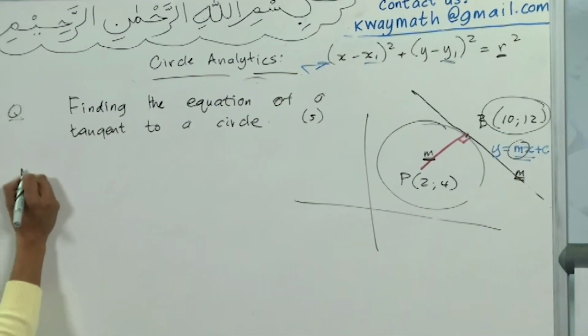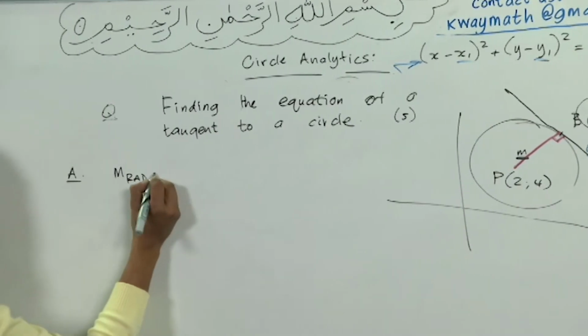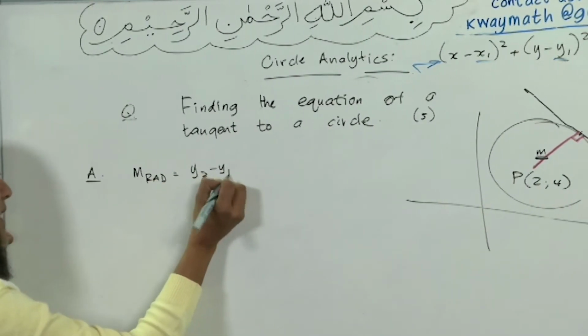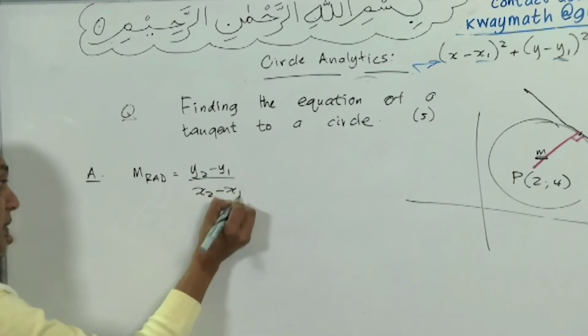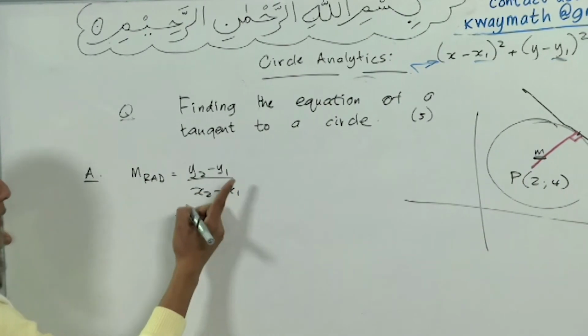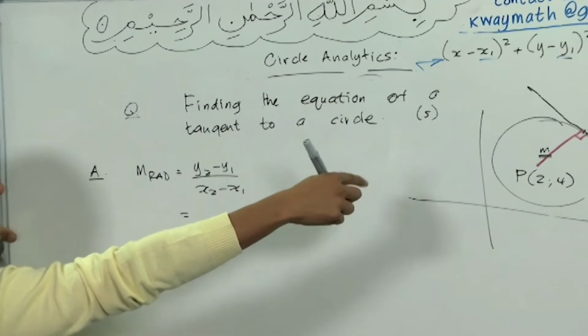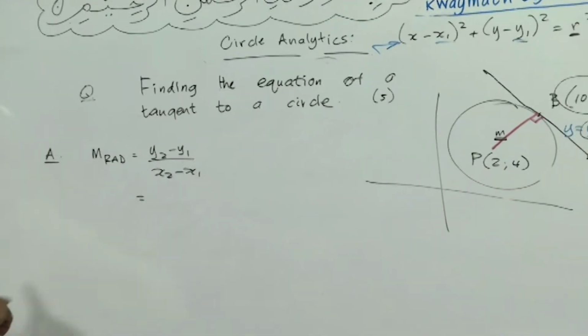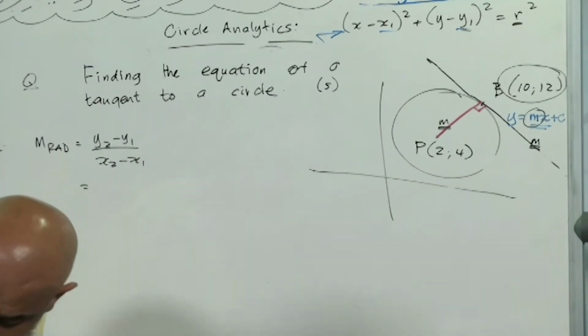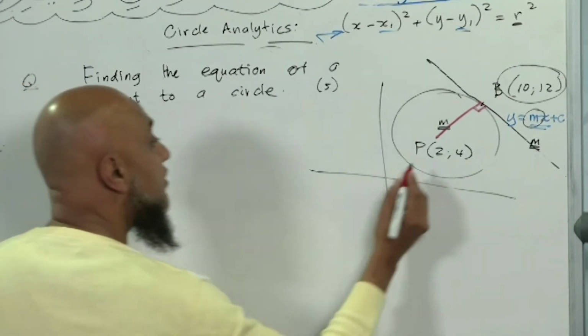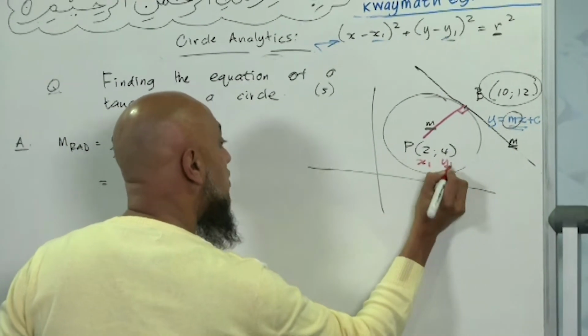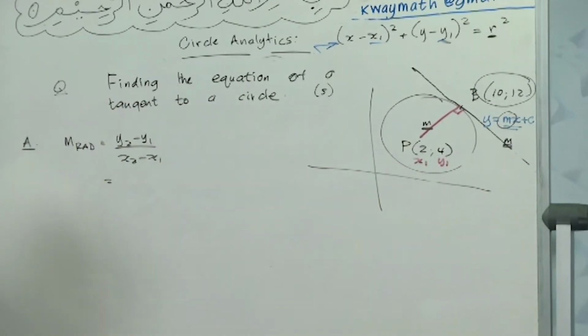So, step number 1: the m of the radius. The gradient of the radius is (y2 minus y1) over (x2 minus x1). You can call either point x1, y1; let's call this one x1, y1, so the other one is x2, y2.